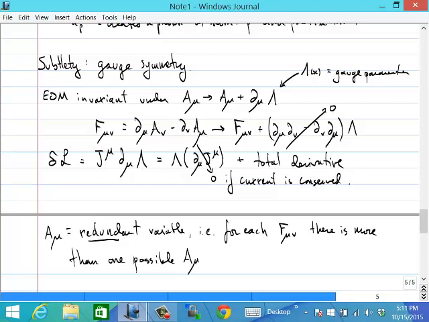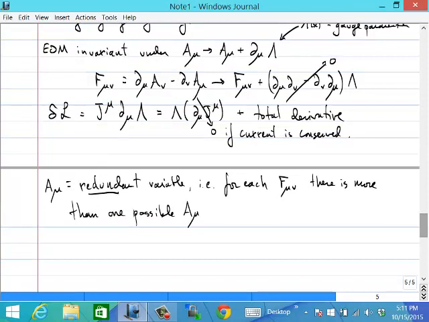So that leads to the following idea for dealing with this gauge symmetry, which is known as gauge fixing. So what is gauge fixing?